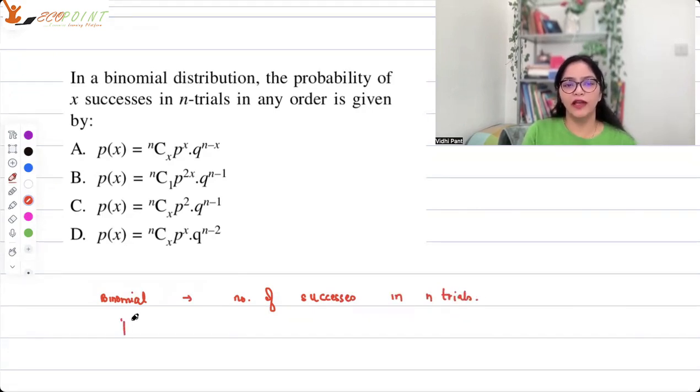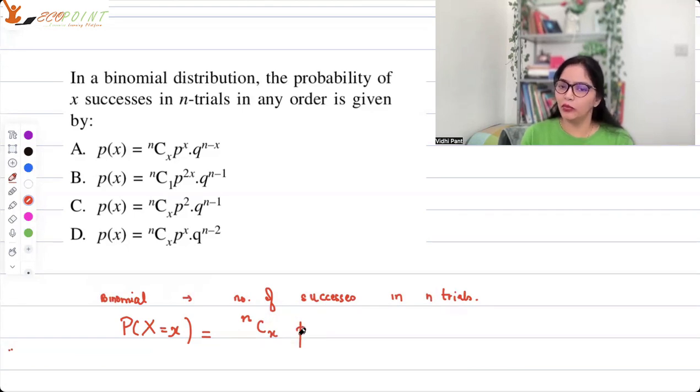So if I have to find out probability X is equal to X, that is, I have to find out what is the probability that I fetch X number of successes in N. So out of the N trials, in any X positions, I could fetch my X successes, right? So this could be done in how many ways?